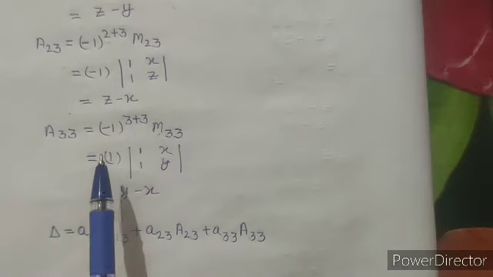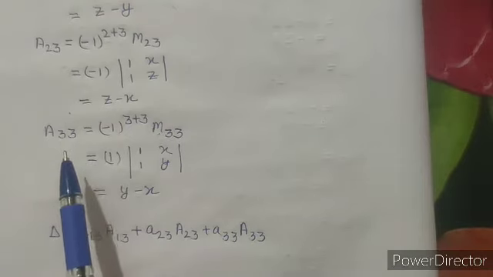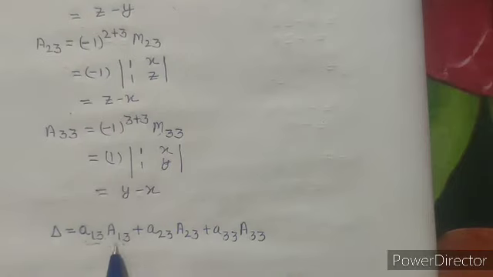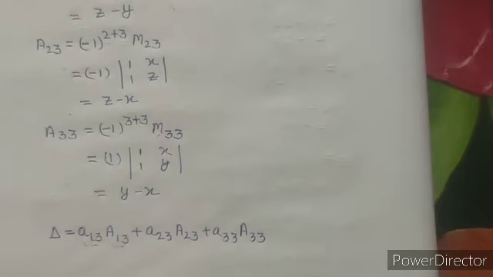Here we have obtained the cofactors of column 3, so delta will be equal to the sum of products of elements of column 3 with their corresponding cofactors, that is element A13 with its cofactor A13, plus A23 with its cofactor A23, and plus A33 with its cofactor A33.